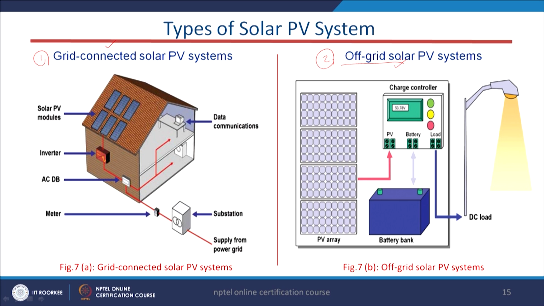Where is it required? Mostly in rural areas where we cannot supply to the remote end loads. In that case we can install solar panels to supply power to the loads. That is the first requirement of off grid solar PV systems, which we sometimes call islanded, or the standalone mode of operation of the solar system.